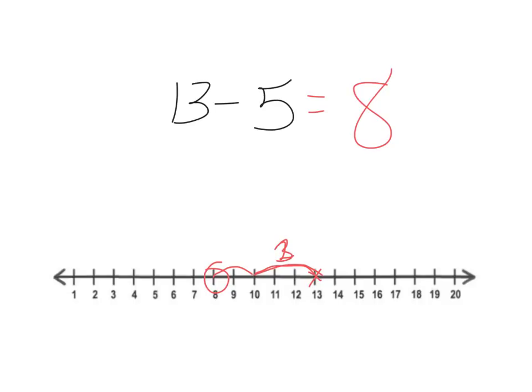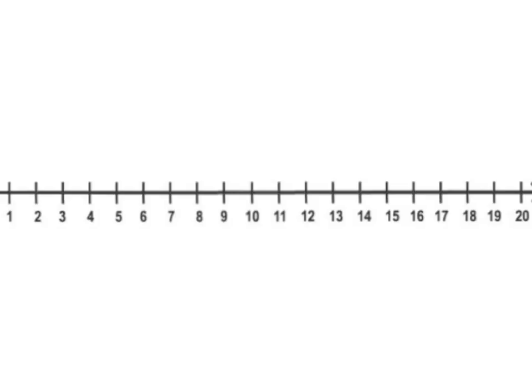Let's try one more. So I'm going to add in our number line, because our number line is going to help us get that answer. So here's our number line, 1 through 20. Let's say I have the problem 13 minus 9.